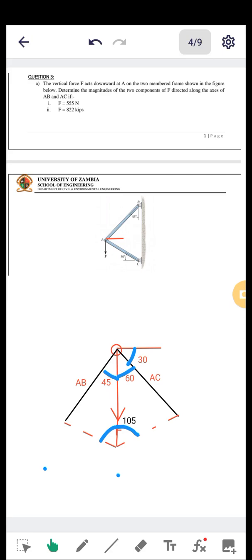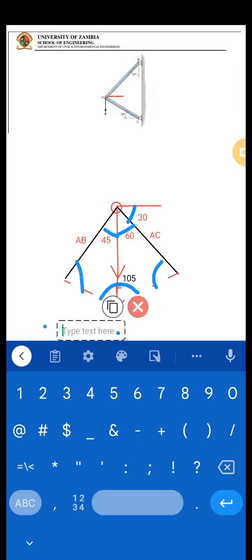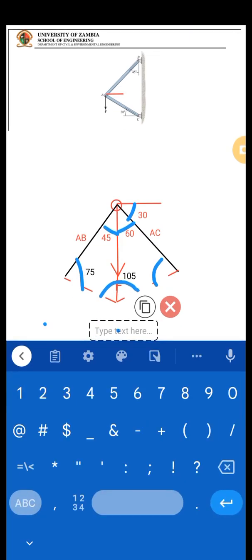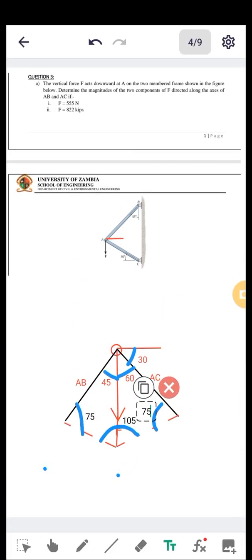Then 150 divided by 2 gives 75. So the angle here and the angle here are both 75. Even here we have 75. Okay, that's it. So now we can proceed.